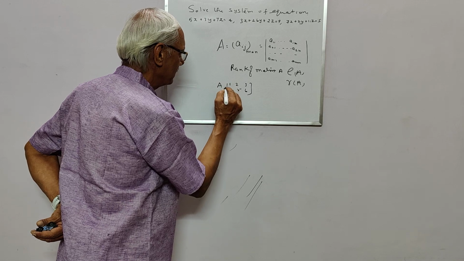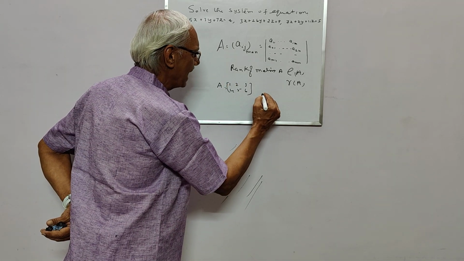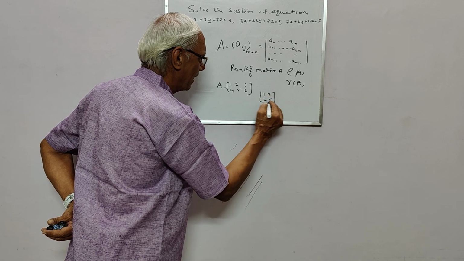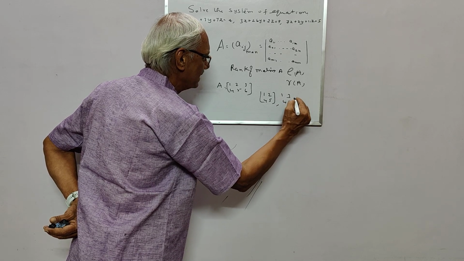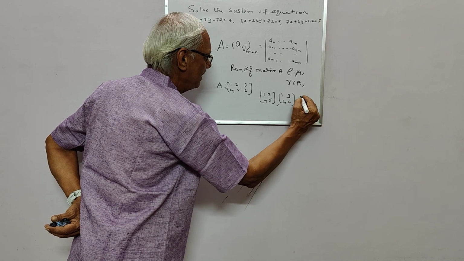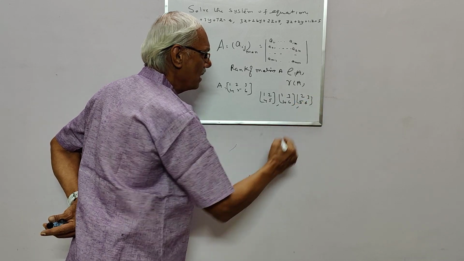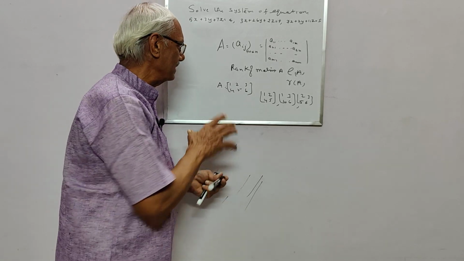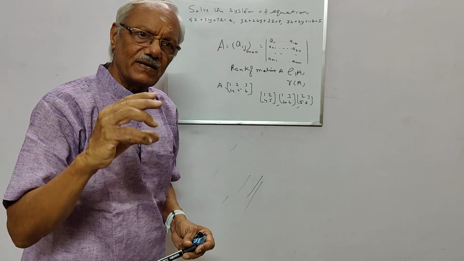This is a matrix, and a minor means I can take 1, 2, 4, 5. This is a minor, and 1, 3, 4, 6, this is a minor, and this is 2, 3, 5, 6. These are called the minors of the matrix.